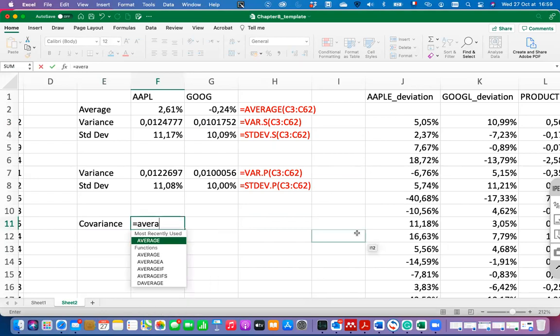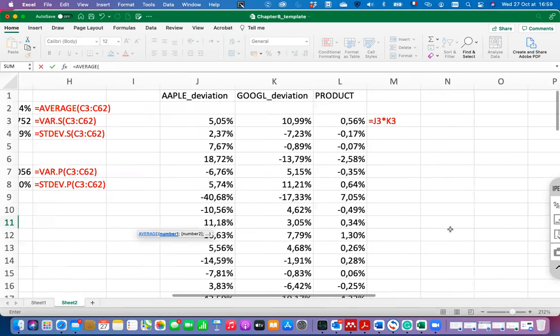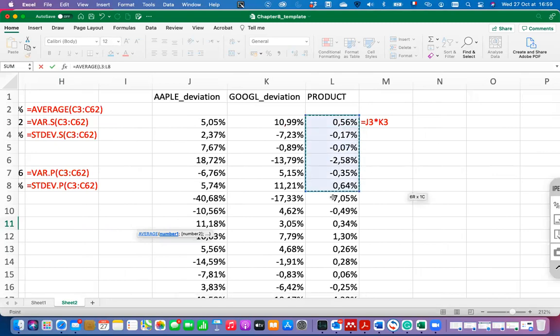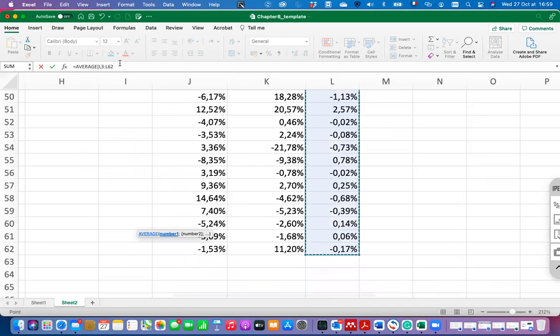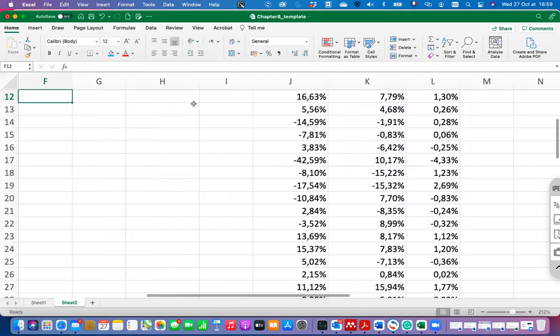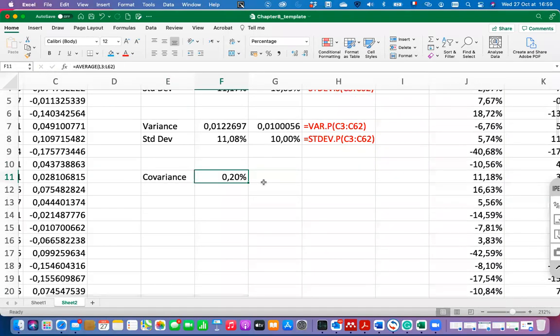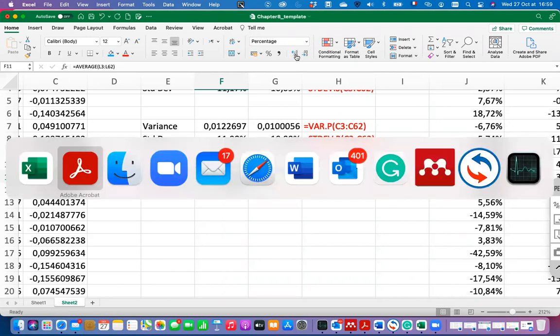So average of all the data in the product column: 0.20%. I can add decimals to be more precise: 0.1956%, which is 0.001956.